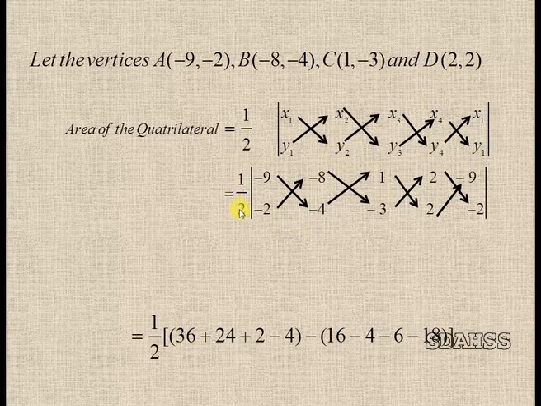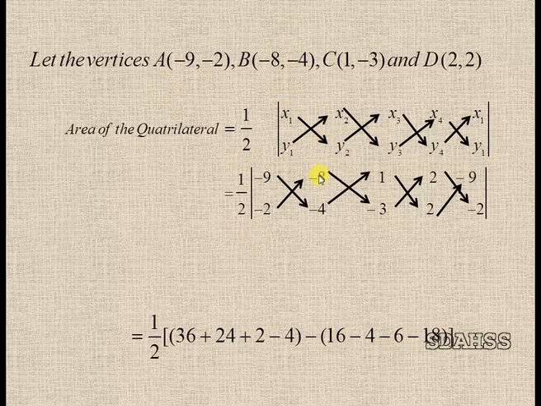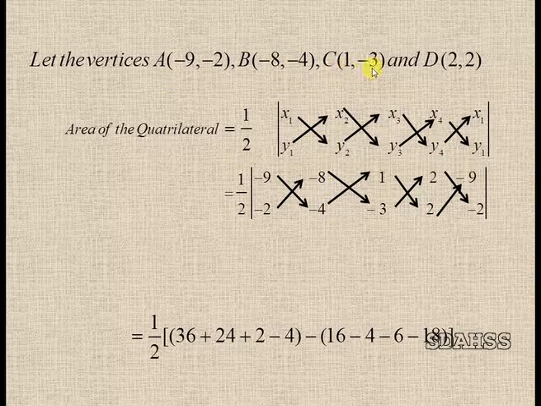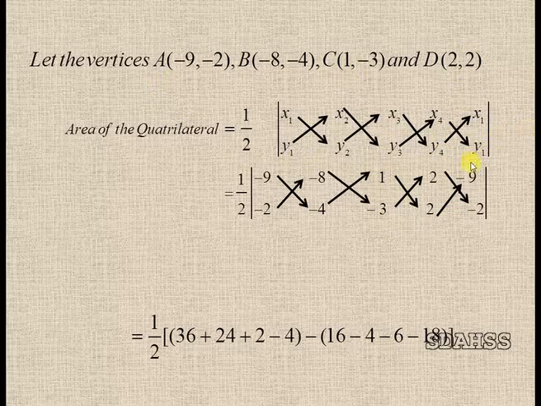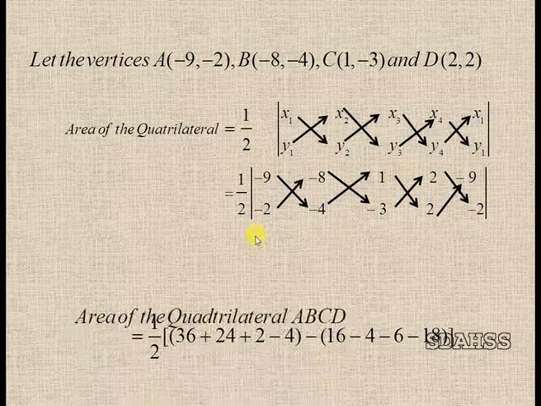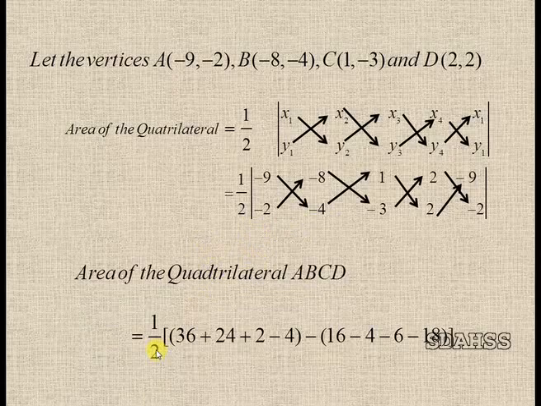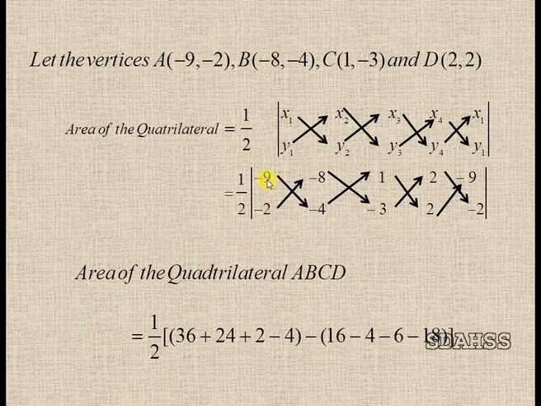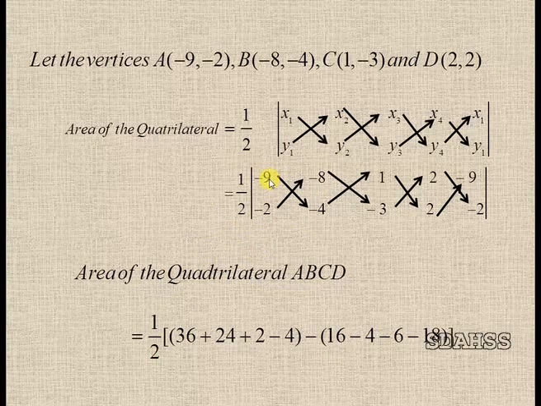So half into minus 9 minus 2, minus 8 minus 4, 1 minus 3, 2 2, minus 9 minus 2. Just substitute all the values in the formula, then cross multiply.